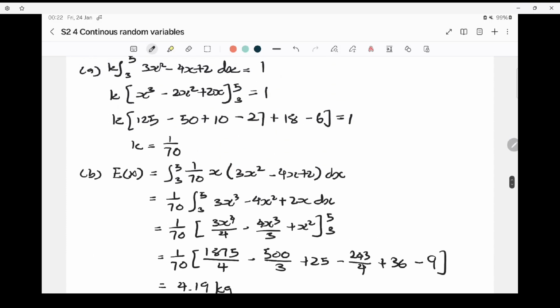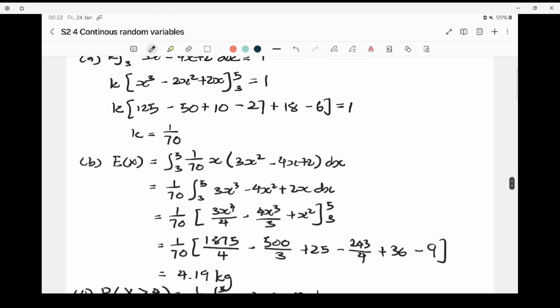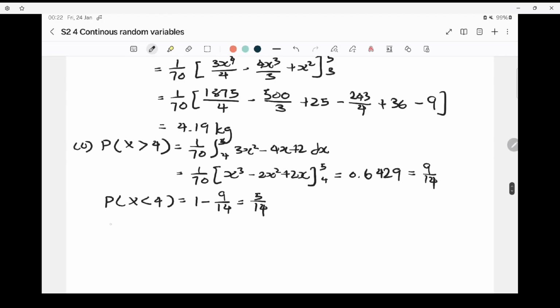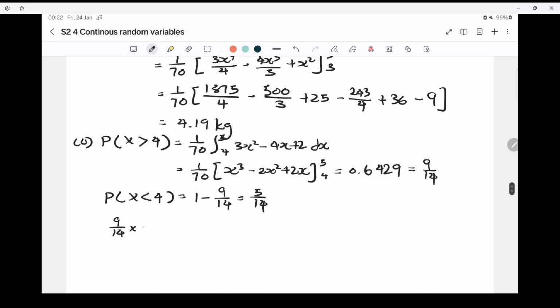So if it is more than 4 kg, charge $3. So for 9 over 14, you will charge $3 and you have 100 bags.